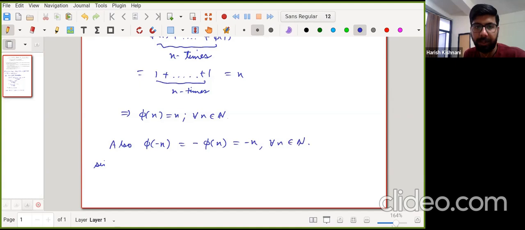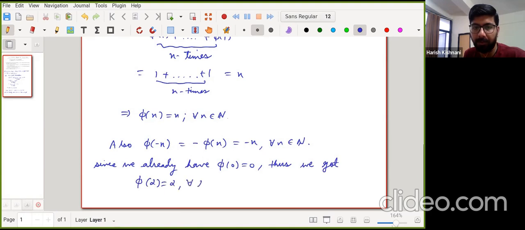Since we already have phi of 0 is equal to 0, we get phi of alpha is equal to alpha for all alpha in the set of integers. So it fixes the set of integers, but we are demanding more: whether it fixes Q or not.